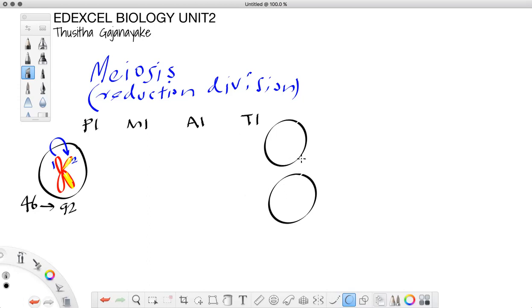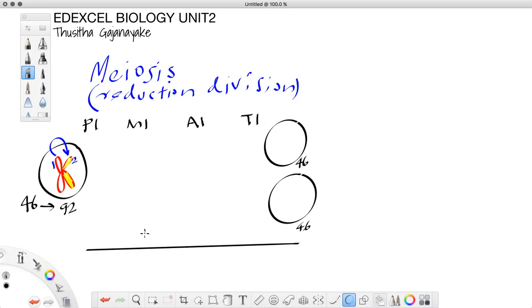So this cell should have 46, this cell should have 46. Right, from here to here, we consider it a reduction division.